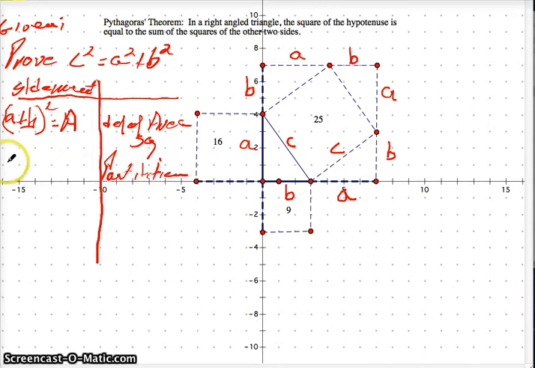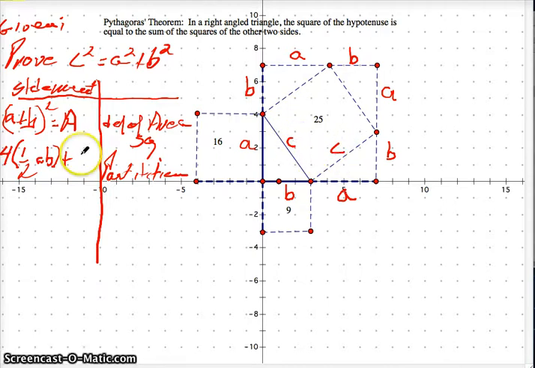To find the area of this triangle, I've got 4 of these triangles, and the area of a triangle is 1/2 the base times the height. So that'll be 4 times 1/2 AB, plus the area here, which is c squared.